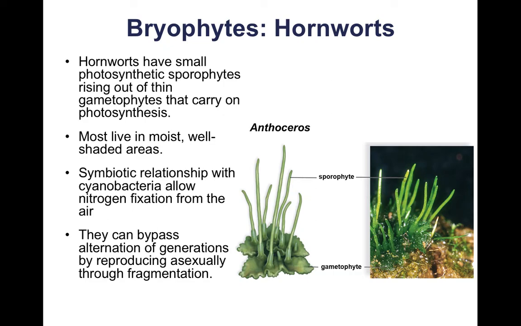They can also reproduce asexually through what's called fragmentation. So they don't have to go through the alternation of generations. Chunks of the gametophyte can fall off and then form another organism.